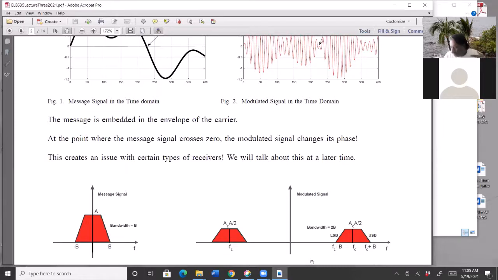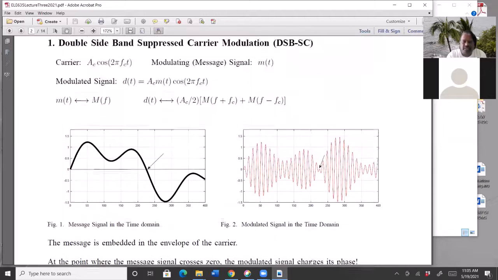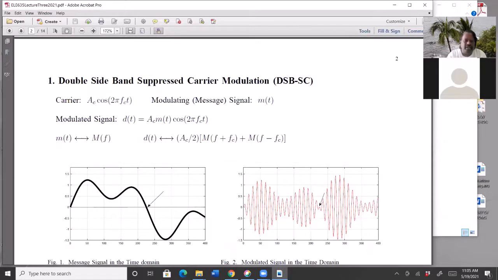However, traditionally, there are two reasons. One is we need to calculate what proportion of the power of the message signal actually goes into the transmitted signals and so on. We need to have some idea of how much energy we are wasting.